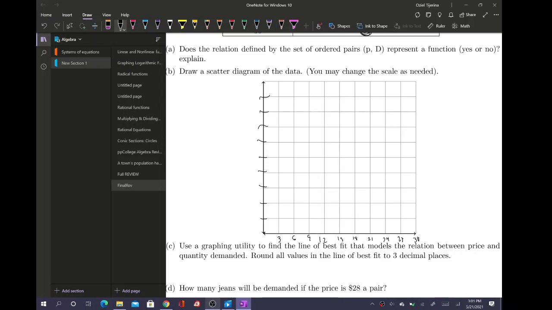It's not drawn to scale because I really don't know how to split this. It's a little weird.